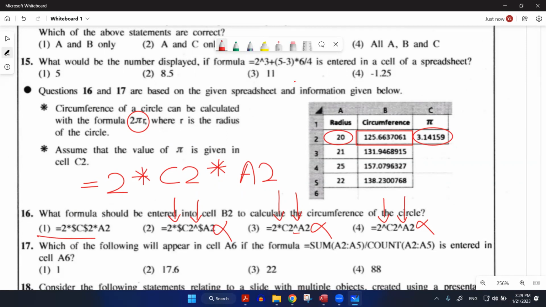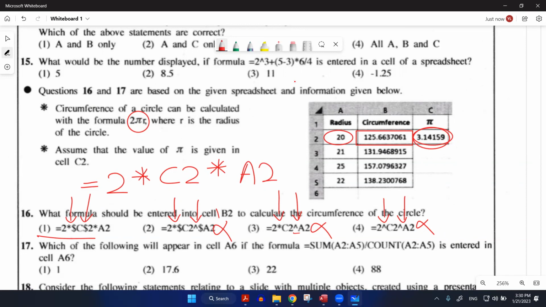There they have used the dollar signs, but it doesn't matter because they make this particular place absolute, the value of pi. So $C$2 makes the C2 absolute. It's not going to change. So for the 16th, the first one is the answer.